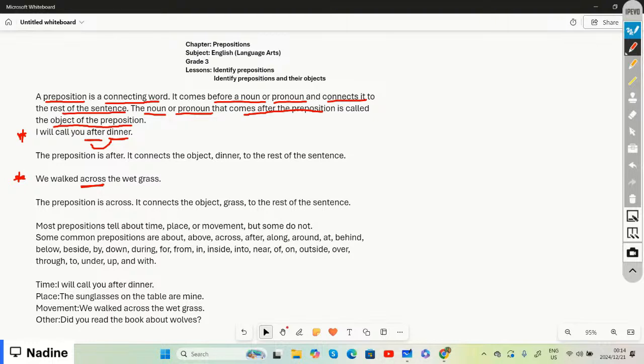And the object of the preposition that comes after it is grass. This word grass is the object of our preposition, and it connects it to the rest of the sentence.